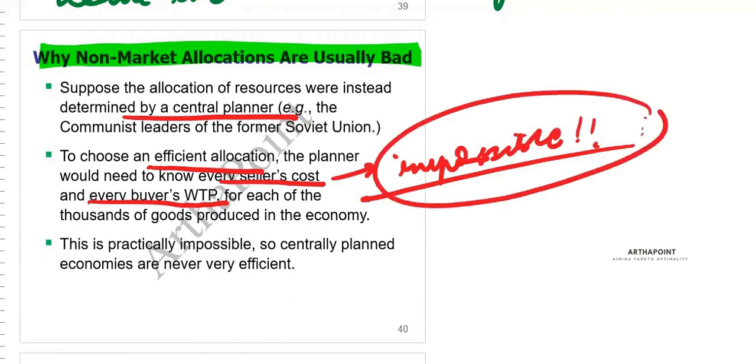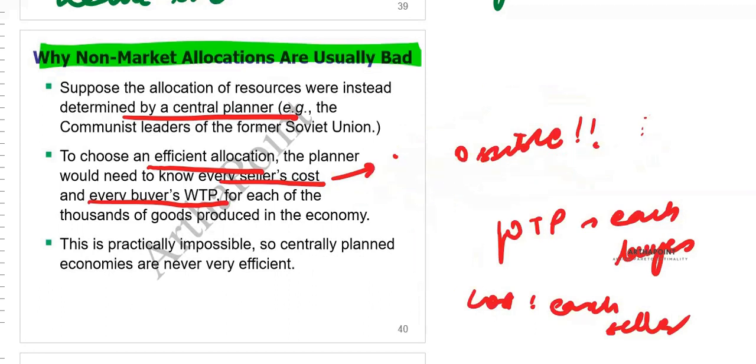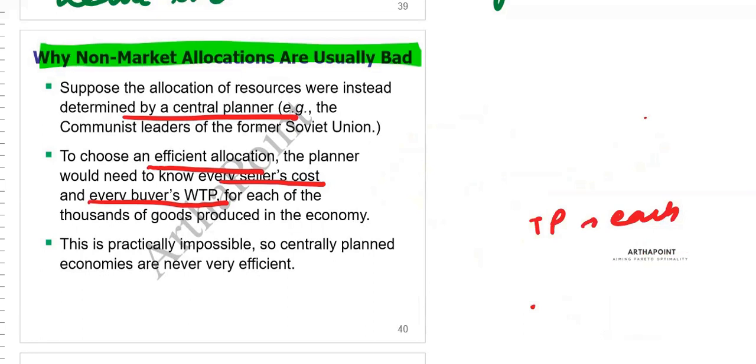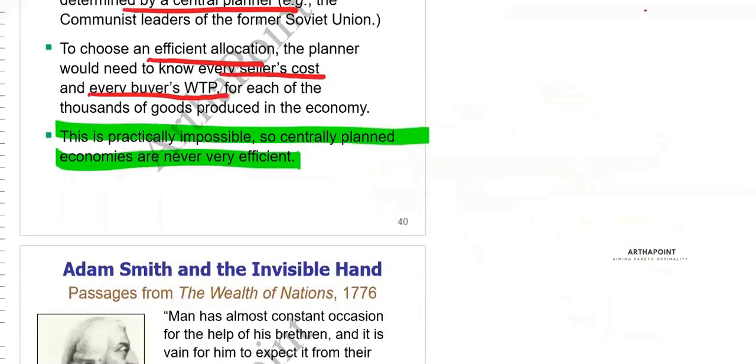Because it is impossible to know the willingness to pay of each buyer and the cost of each seller, you will definitely impose an outcome which will not be efficient. So it is practically impossible. So centrally planned economies are not very efficient.